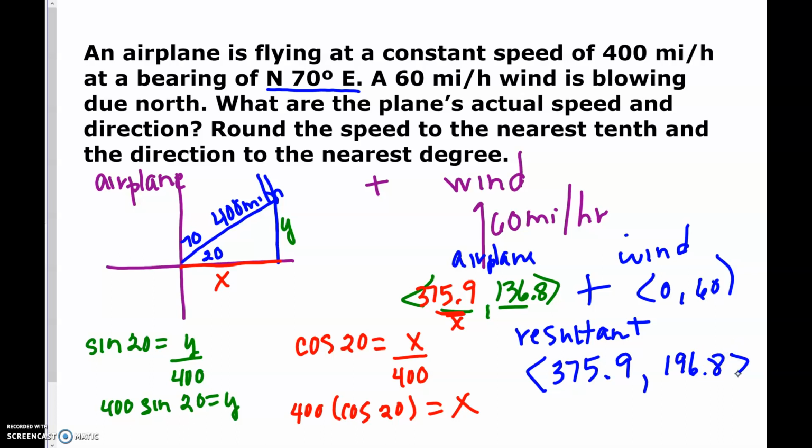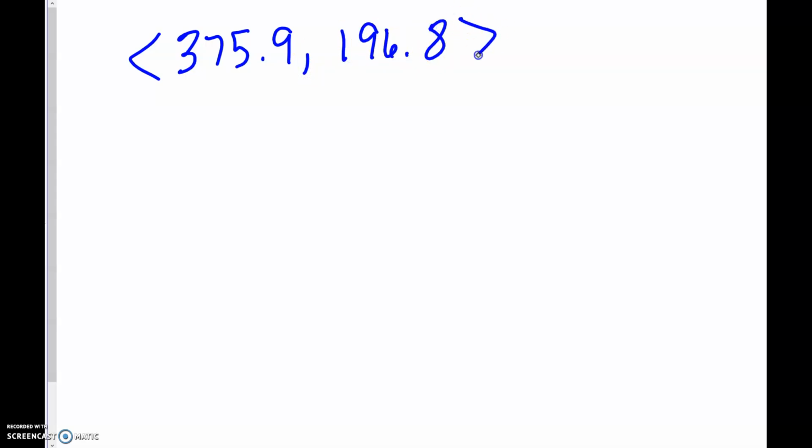Okay, now I might have to create myself a little bit more room, or actually I can just take this vector and I'm just going to go on to a next screen here and copy that resultant vector down. So we are dealing with the vector of 375.9, comma 196.8. This was our resultant vector. Now I need to find the distance of this.